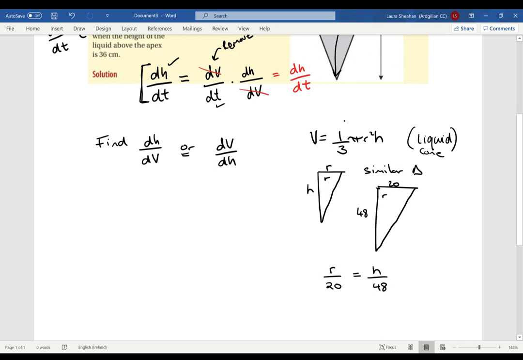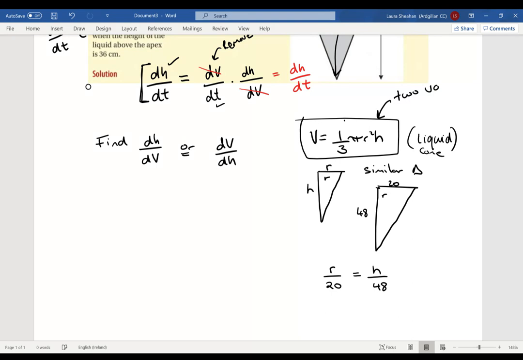The reason that I'm doing all of this is because this equation here has two variables, and I can't ever work with two variables, so I need to somehow write radius in terms of height. I don't want a radius in this because I'm looking for dV/dH, so it doesn't have a radius in it at all.